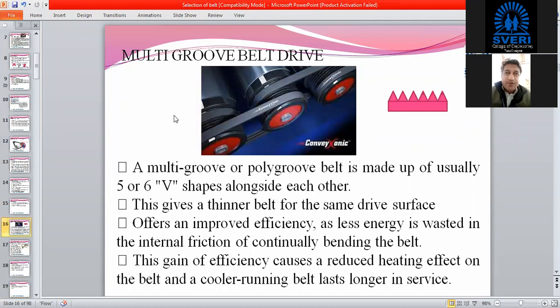Now, the next type which we are going to see is the multi-groove belts. The grooves which are provided on the belt are also provided on the pulleys. You might have seen that type of cross section in automobile engines, where the power generated by the engine is utilized to run the other accessories mounted on the engine, or the mountings of the engine.